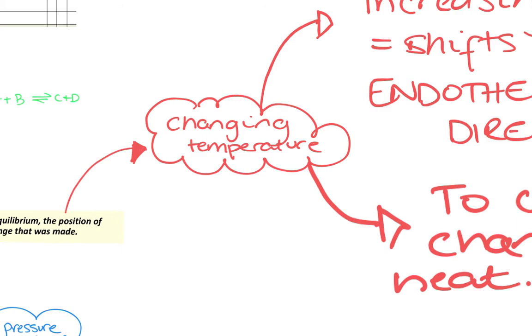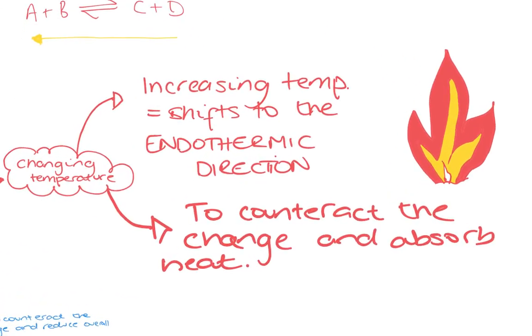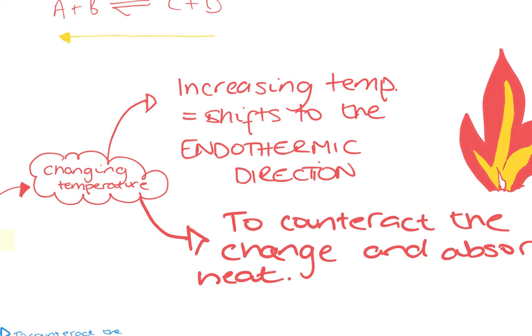Now the rule here is when you increase temperature, the equilibrium will shift in the endothermic direction. And this makes sense because if I am increasing the amount of thermal energy in my reaction vessel, the equilibrium is going to shift in the direction which tries to absorb that. So it's going to shift in the way that is endothermic.